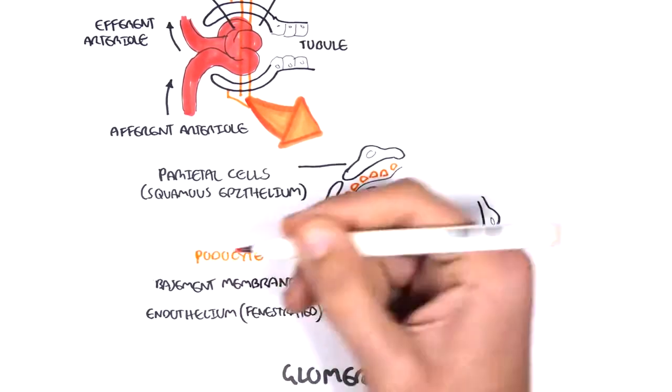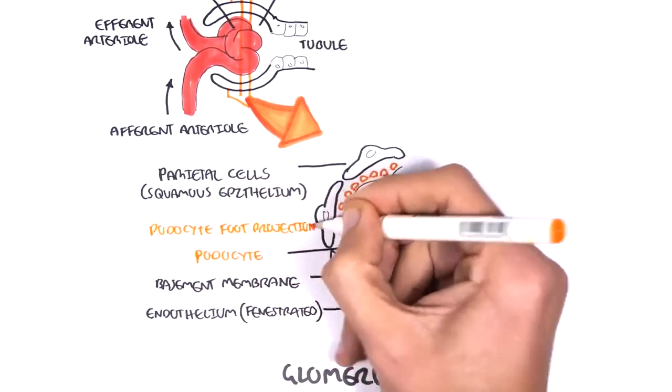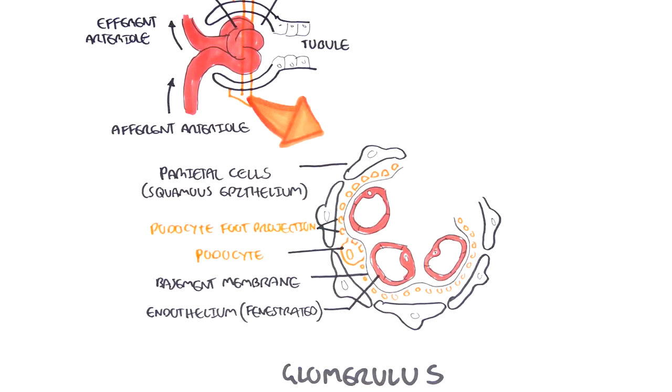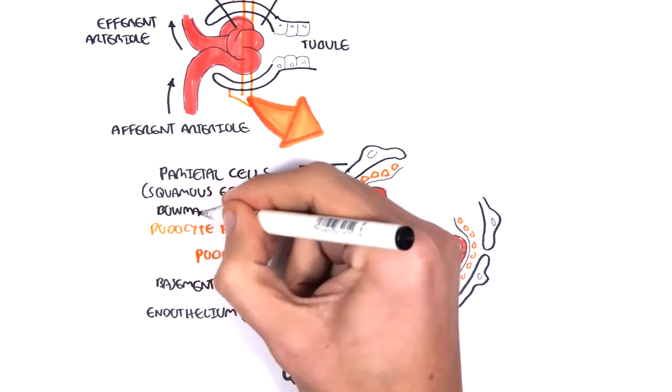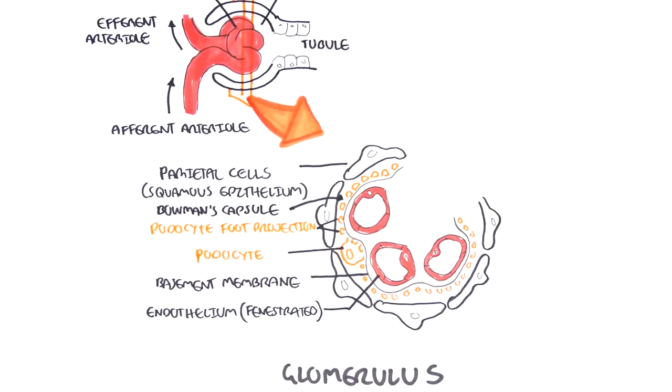The podocytes are important because, in a way, they help with the filtering process. They help by maintaining the integrity and structure of the glomerulus. Then, of course, around the podocytes, you have the Bowman's capsule, which houses the glomerulus.